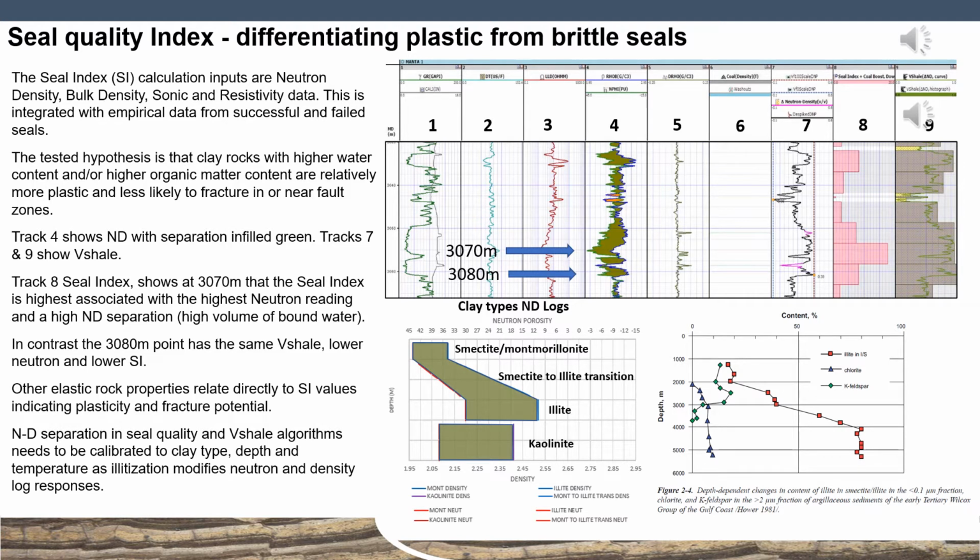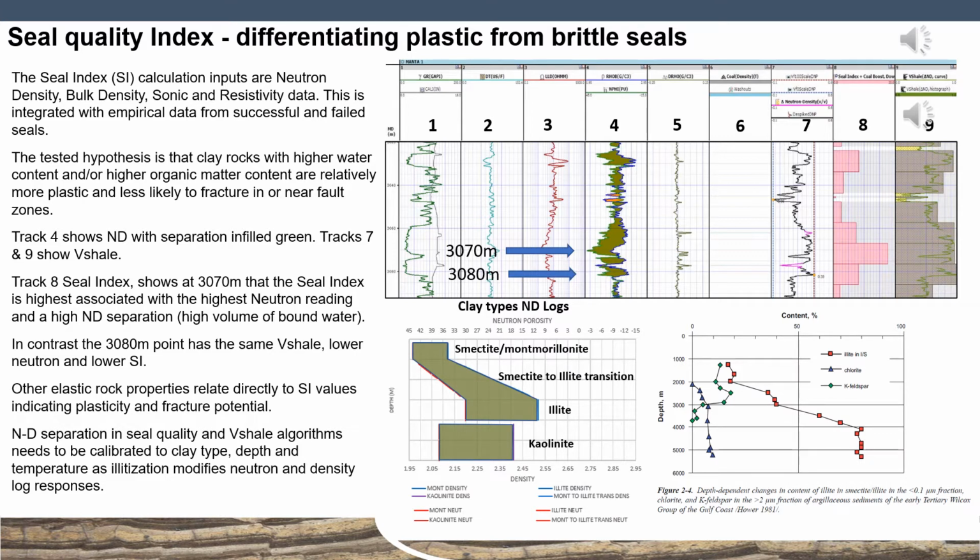The seal quality index that we use is a composite measure derived from petrophysical algorithms and the empirical lithologic data. It is in effect a modified V clay which discriminates plastic from more brittle seals.